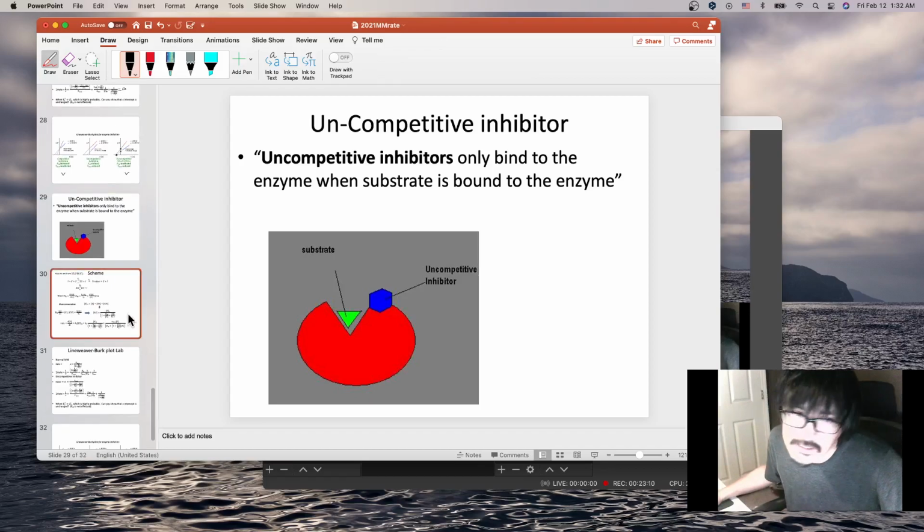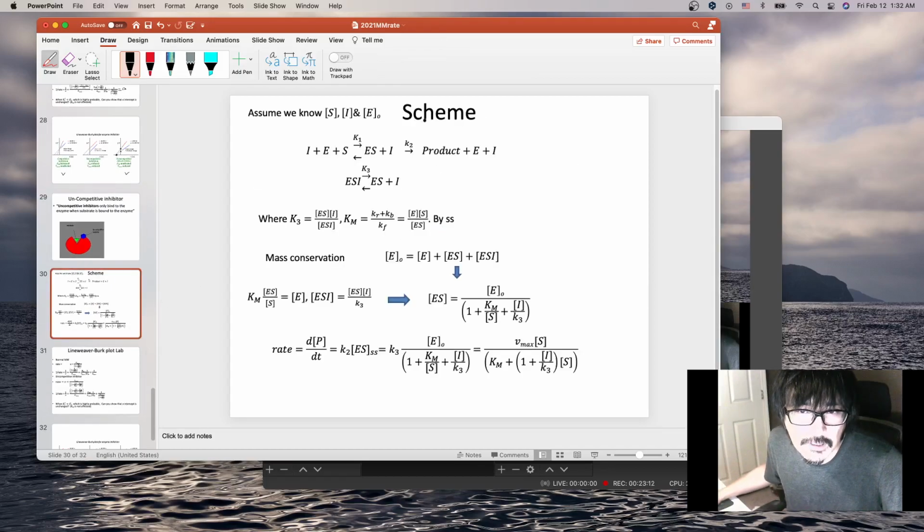So this one is slightly simpler scheme-wise, meaning that you have pretty much the same equations from the last one, except that I have only one additional reaction where this ES can form ESI. This one is not going to form EI. So I have that one, the K3 equilibrium constant, product over reactant, and then Km being exactly the same by the steady state.